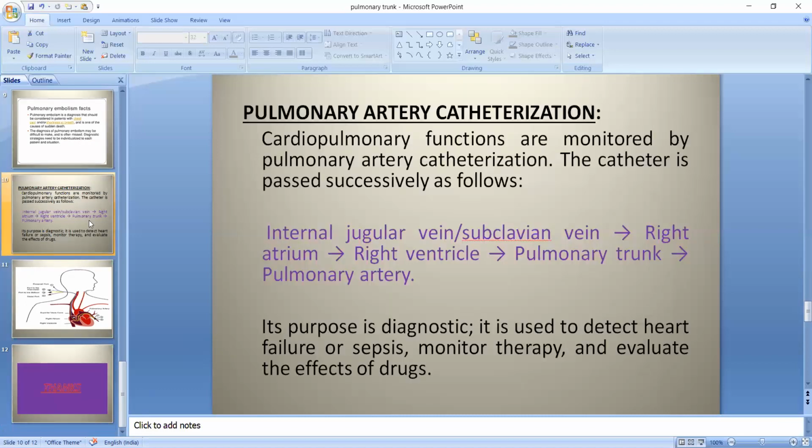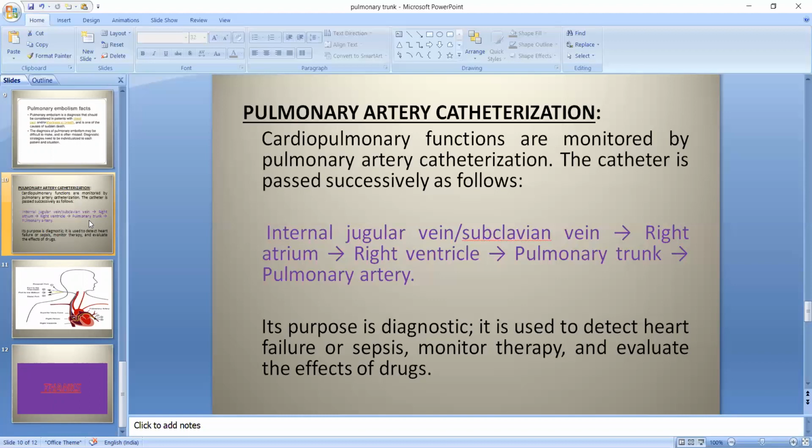The purpose is diagnostic. It is used to detect heart failure and sepsis conditions. Sometimes we use it to monitor any therapy that is going on, to detect the efficacy of a drug given to a particular patient, and to assess many health problems, such as when we want to detect any congenital heart abnormality.